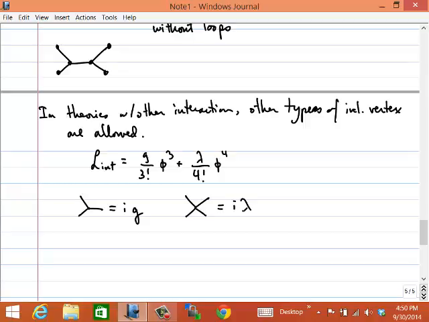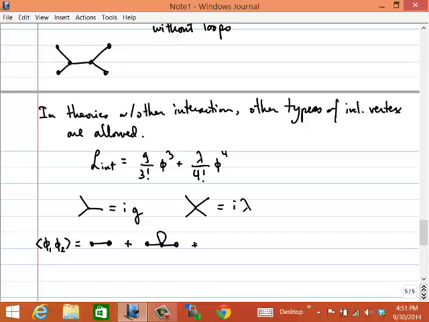And so you can then check, for example, that if you wanted to compute this 2-point function, you would get the free propagator, and then at linear order in the coupling, there's nothing involving order g, but there is something of order lambda, which looks like that.